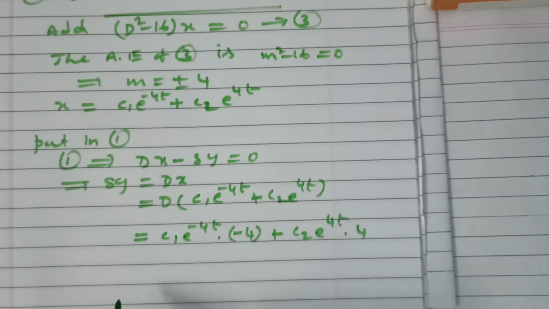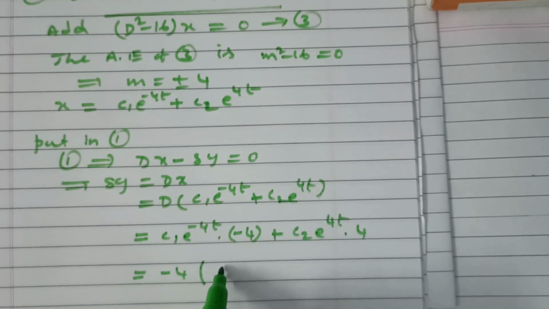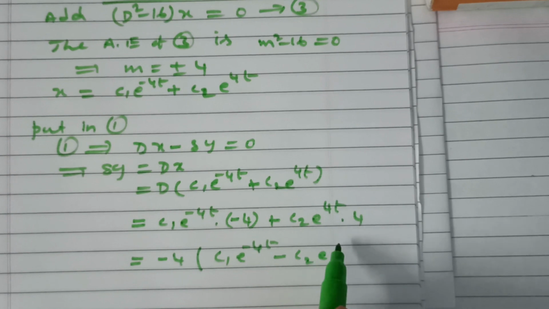Is equal to, take minus 4 common: c1 e power minus 4t minus c2 e power 4t.